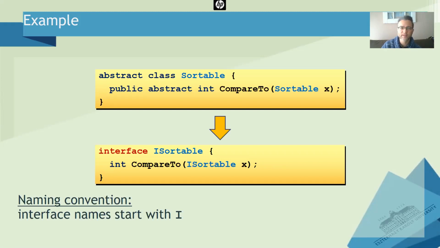If you check out all the interfaces in the .NET framework, they have the letter I in front. And this is important because you can decide what the type is, either a class or an interface, by just looking at the name of that type.